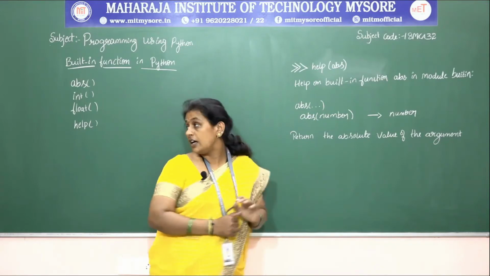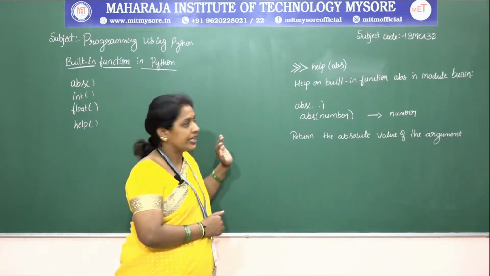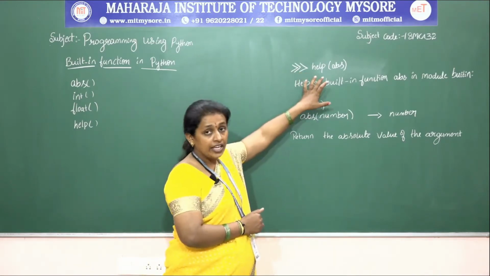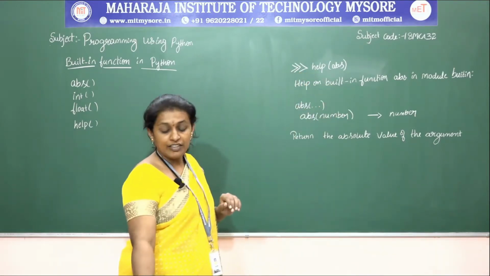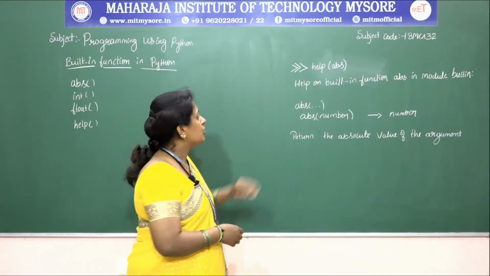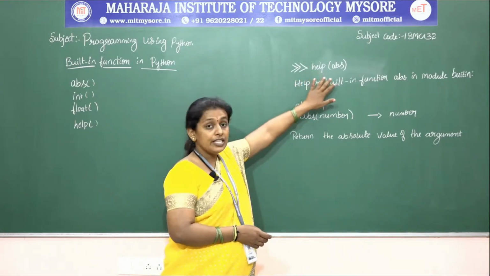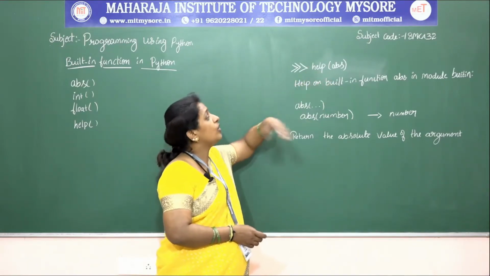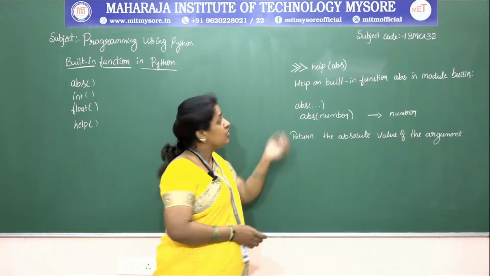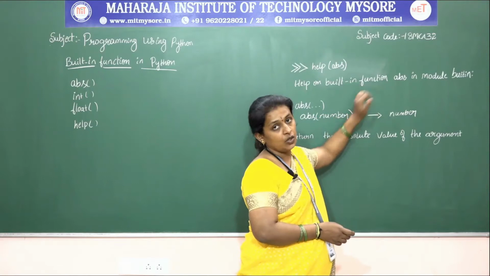Abs, as I discussed in the last class, is the absolute value, right? When I execute this command, I get these lines of instruction. The first line tells which function group abs belongs to. Here it belongs to the built-in function group.